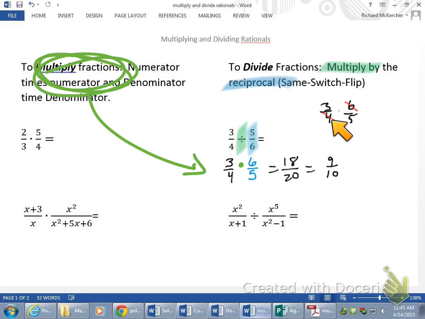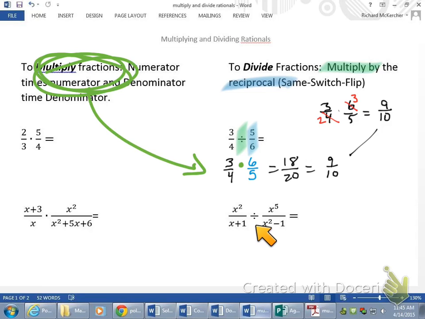So if I cross-cancel the 4 and the 6, make it a 2 and a 3, again, I get the same answer. And again, that's the emphasis, is that we're going to try to find common factors and get rid of them. So let's look at this example here and do the same idea.